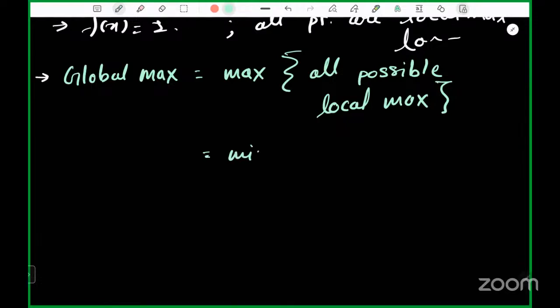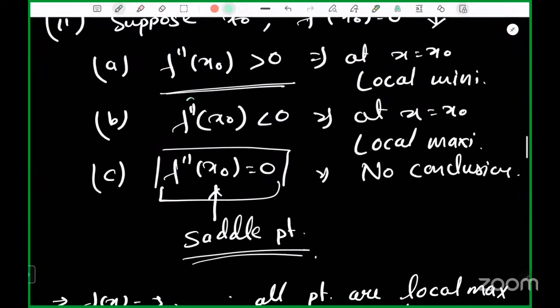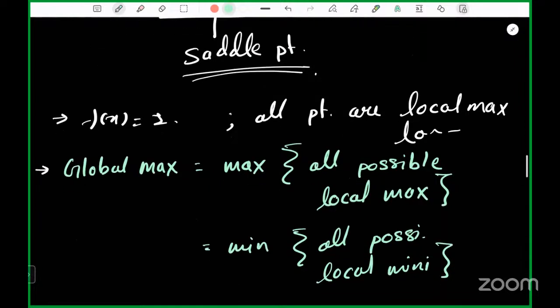After the first derivative, whatever roots come, we need to substitute them in the second derivative, not in the main function, and then check the sign. Then you go for the function value for finding the global maximum.